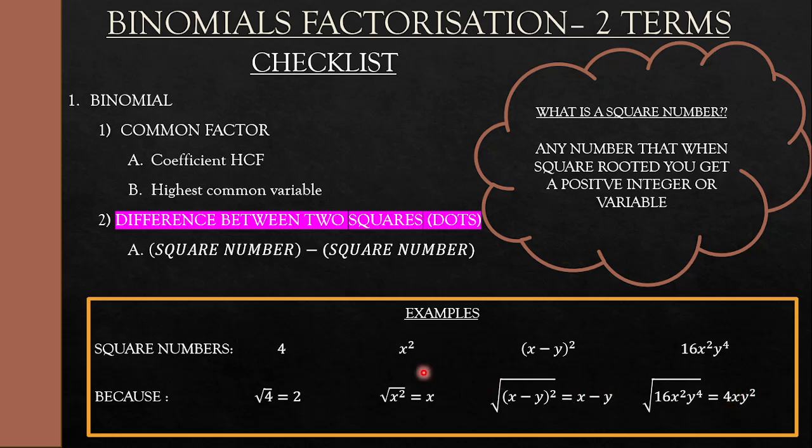A nice way to remember this is if you've got a variable and the exponent is even, it can be square rooted. And then any number like 4, 16, 9, because that's 3 times 3, 25, 5 times 5. Those are all examples of square numbers.